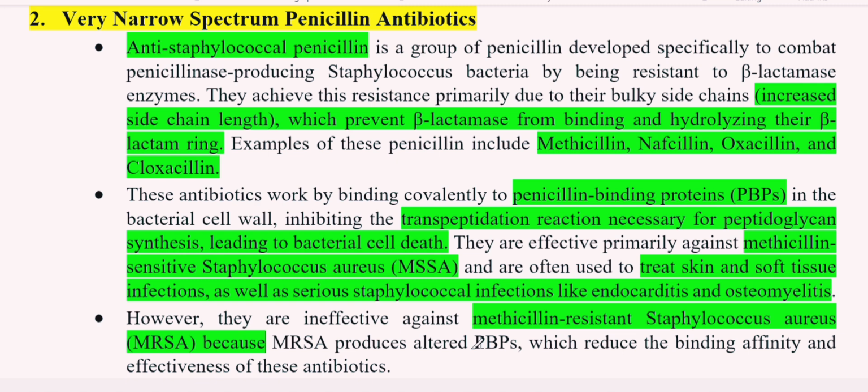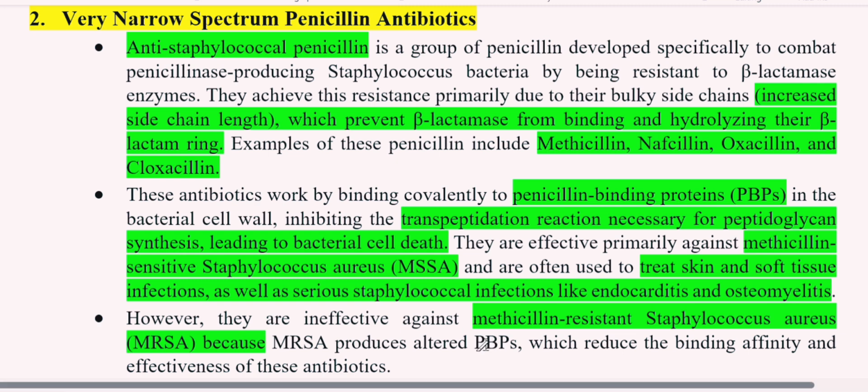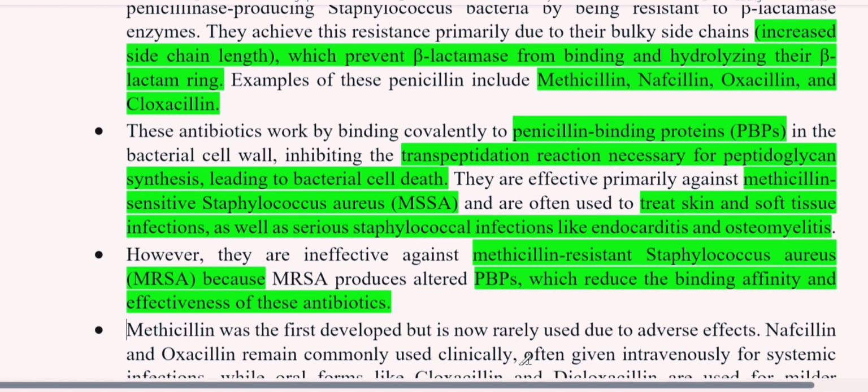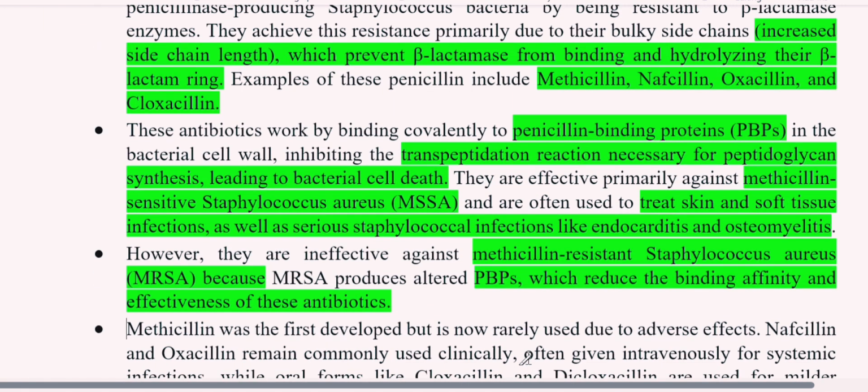As MRSA has the ability to produce altered PBPs, they become changed, which reduces the binding affinity and effectiveness of these antibiotics. Hence, because of the change in the protein binding sites, they are unable to bind with MRSA, and in this way MRSA produces resistance against the very narrow spectrum antibiotics.